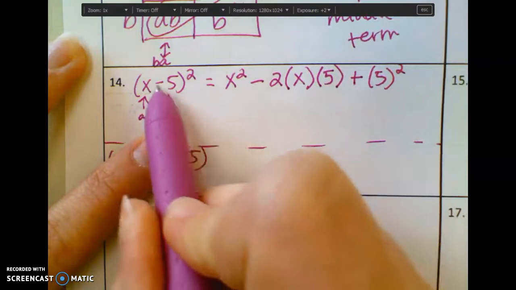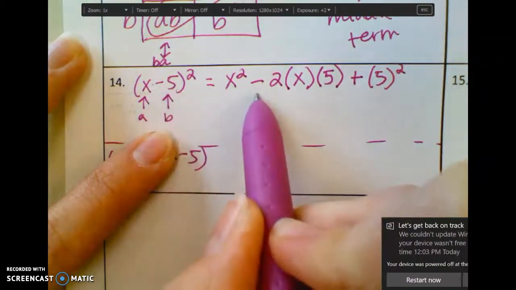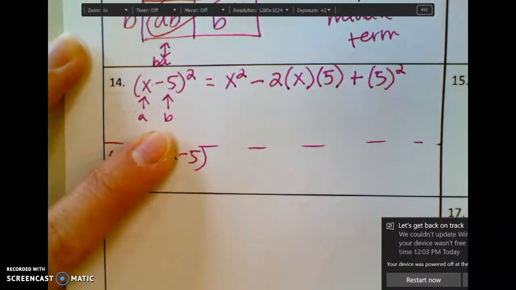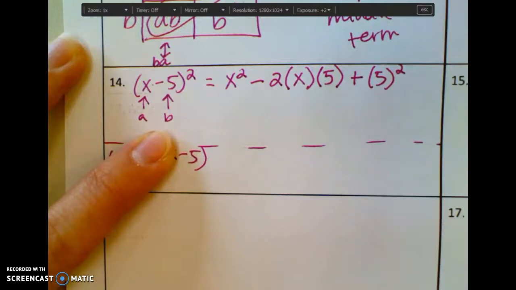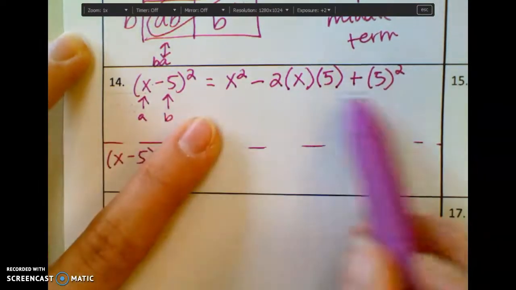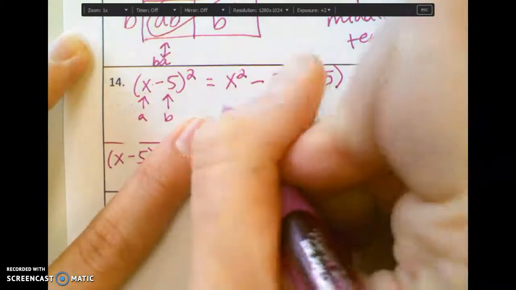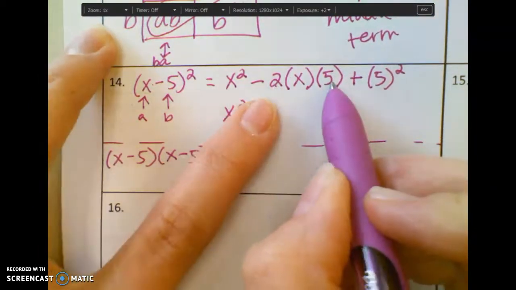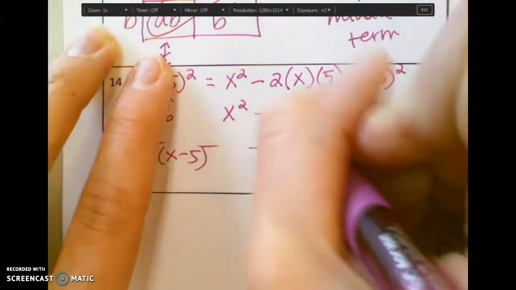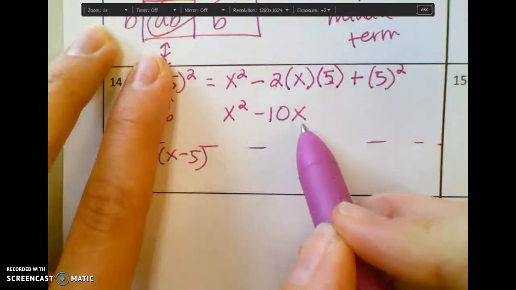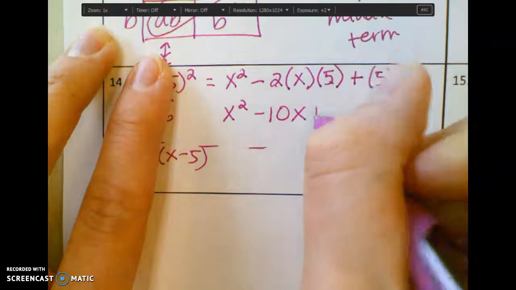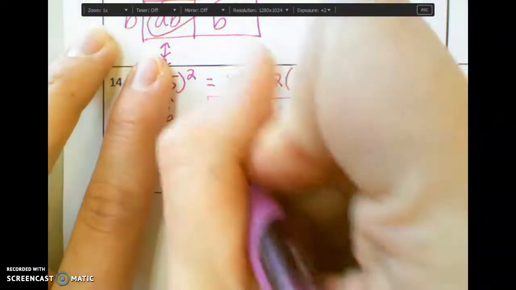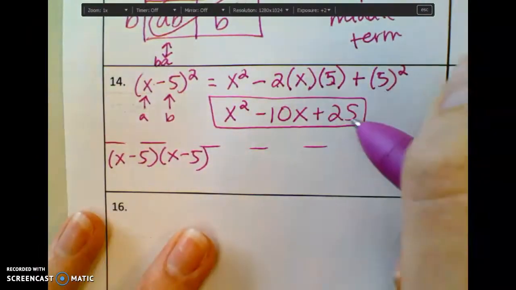Notice, I didn't take the negative with the 5. The negative is just used right there. So this is how we write out the rule. Well, x squared, we have a negative 2x times 5. So negative 2 times 5 gives me negative 10x, and then 5 squared gives me 25. So that's how we would use this rule.